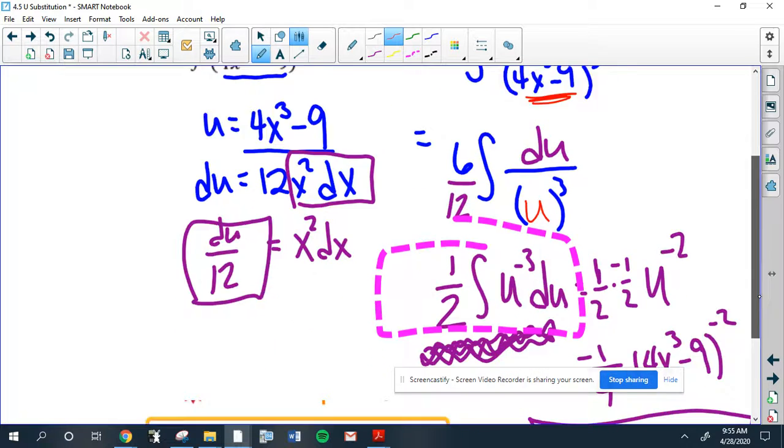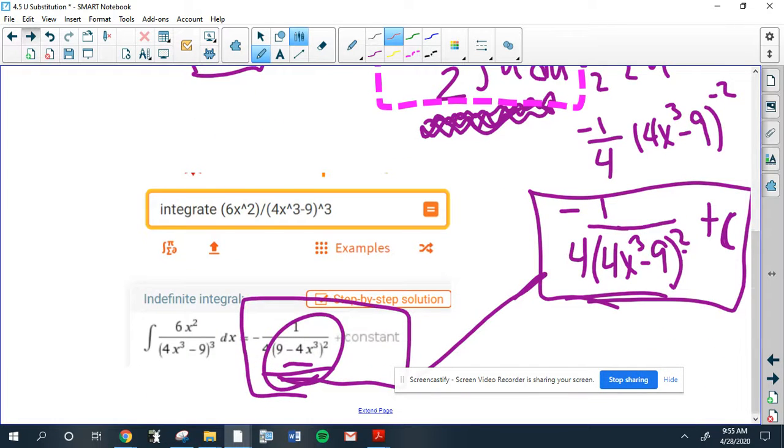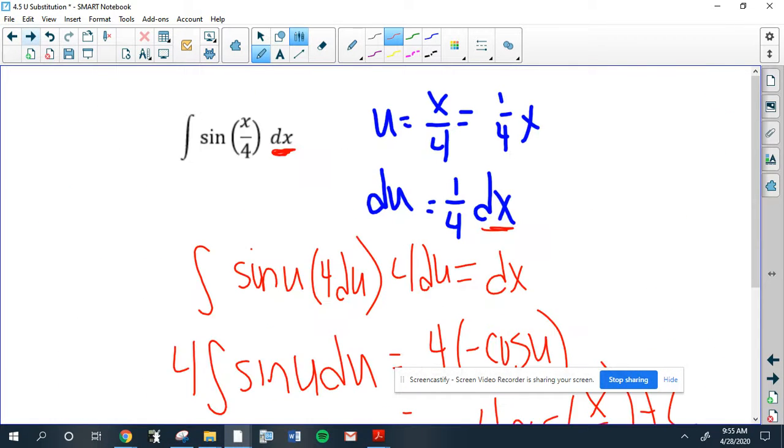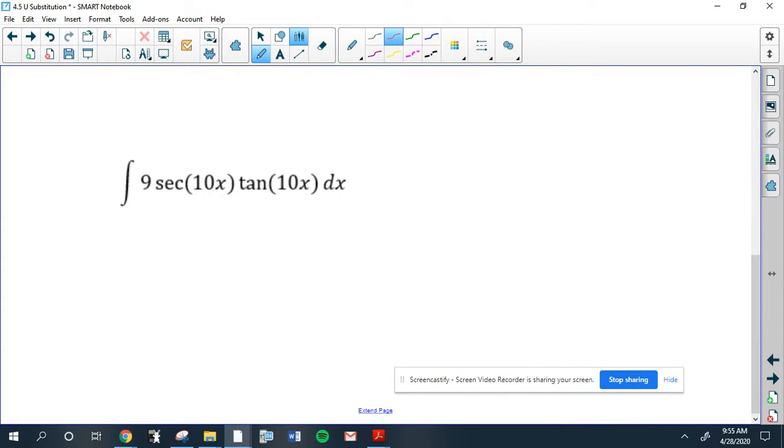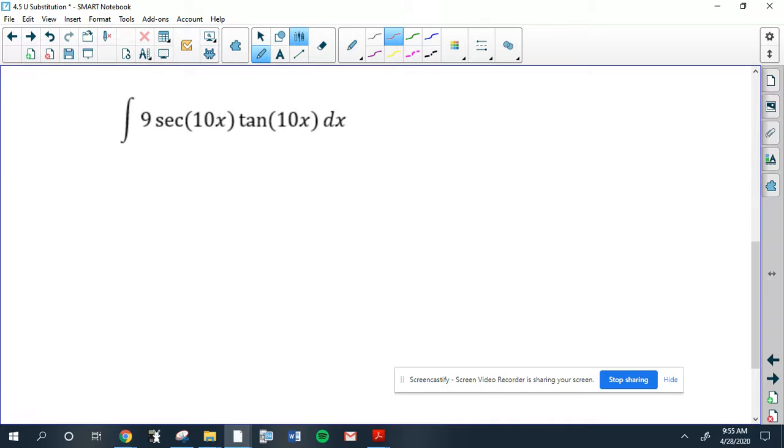So in this case, we do have secant u tangent u, we have to let u be 10x. So du is obviously 10 times dx.